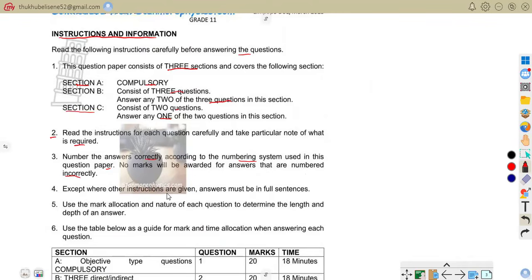Except where other instructions are given, answers must be in full sentences. That is instruction number 4. Instruction number 5, use mark allocation and nature of question to determine the length and depth of the answer. Use the table below as a guide for the mark and time allocation when answering each question.